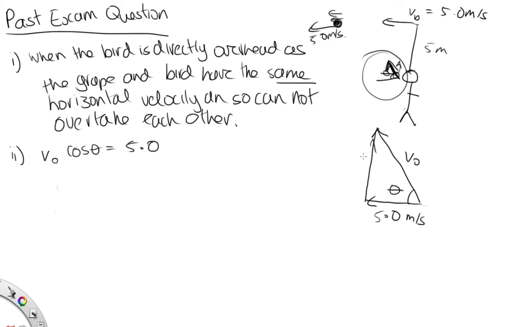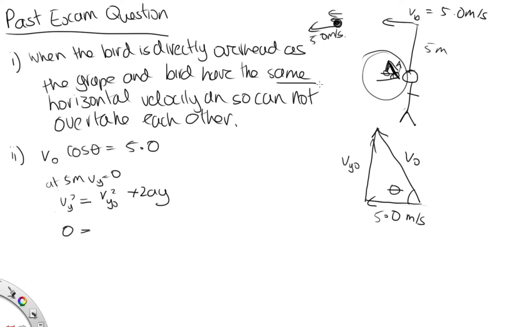So, this is the initial vertical velocity, and we know that when the grape is 5 meters above your head, it has 0 vertical velocity. So at 5 meters, Vy is equal to 0. So we can use the equation Vy squared is equal to Vy0 squared plus 2ay. We know the acceleration is due to gravity, so it's 9.8.